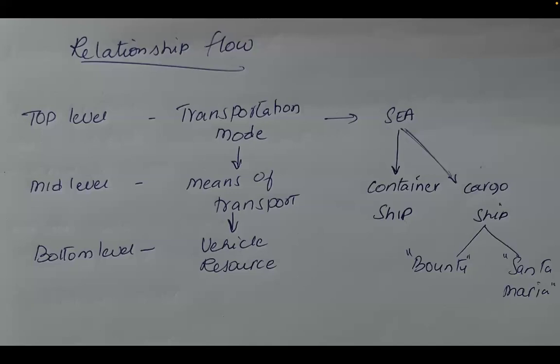Here I've taken the example of container ship and cargo ship. And then we have vehicle as the resource, which clearly specifies the kind of vehicle that is being deployed to execute the transportation activities. Here, for the cargo ship example, I've taken Bounty and Santa Maria. So this is the relationship flow, which is going to establish the relation between the transportation mode, means of transport, and the vehicle resource.